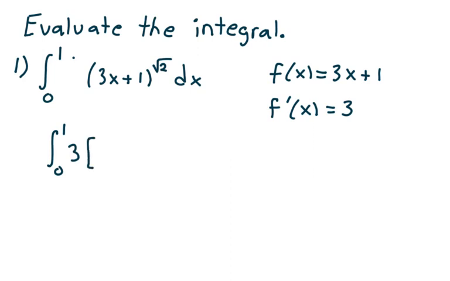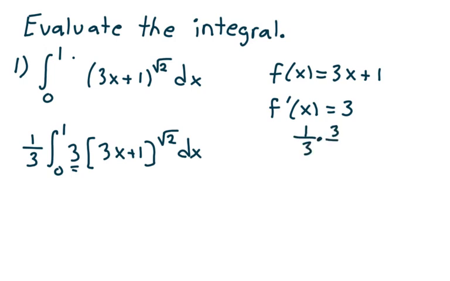And in the parentheses, I still have 3x plus 1 to the square root of 2 dx, right? But I can't just put that 3 there. I have to offset it by a third. Because remember, 1/3 times 3 over 1 is equal to 1. Okay? And so I can do this essentially without a u substitution.